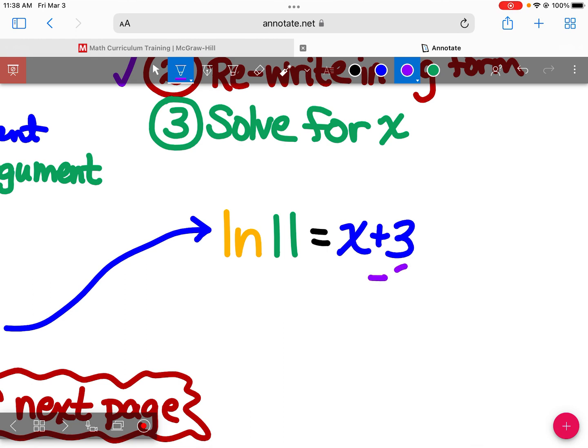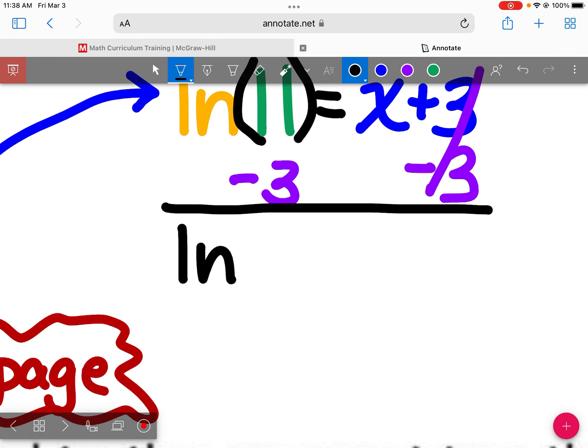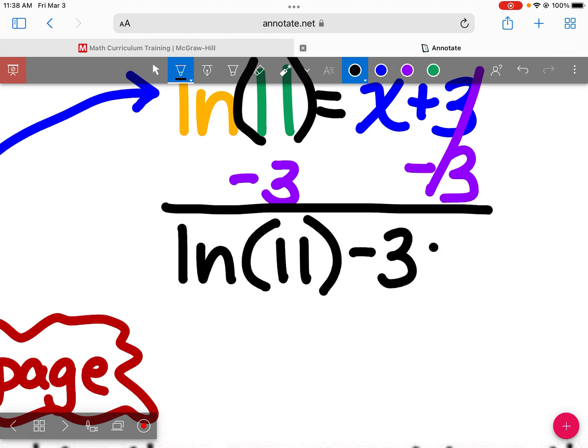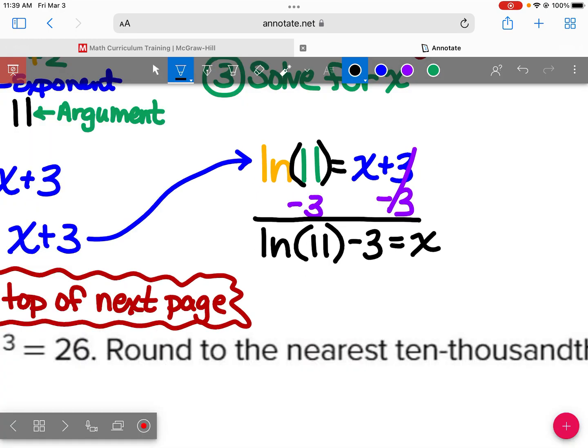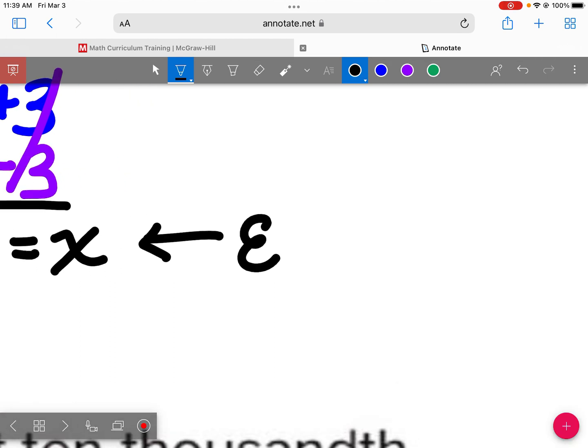Minus 3 on both sides. That is not going to touch this 11. Remember, the calculator is going to make you put this inside parentheses. So I'm going to have ln of 11 minus 3 equals x. This is my exact solution.